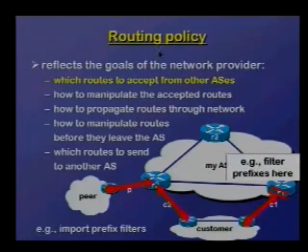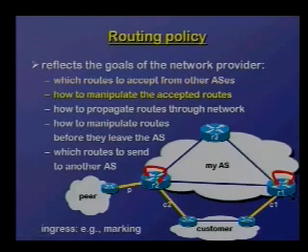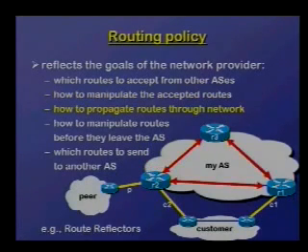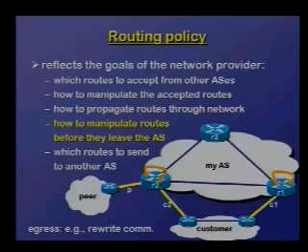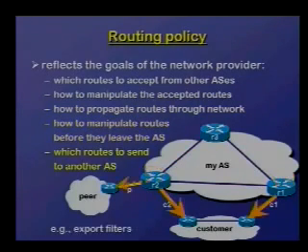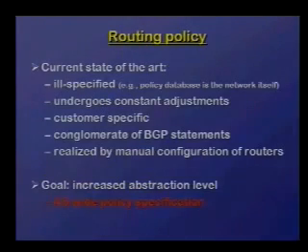It is all about what routes you should accept, and you should make sure that you don't accept the routes that you shouldn't be accepting, and then you probably want to manipulate them, then they need to be sent out, manipulated again, and then you need to decide which routes you actually want to send out. And all of this, the way that it is done for all of the various different BGP sessions, is what your routing policy is.